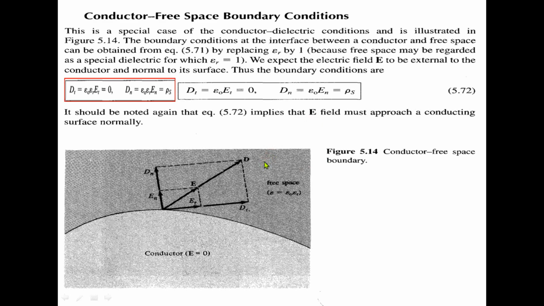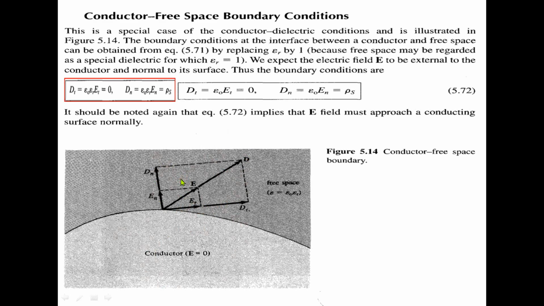As you all know, the free space permittivity can be represented as epsilon naught into epsilon r. So now the boundary condition has to be considered at the interface between a conductor and free space.